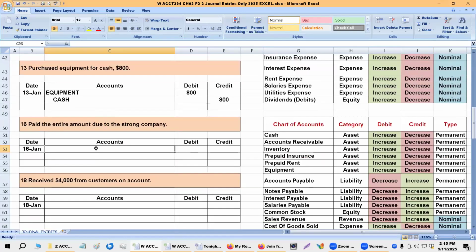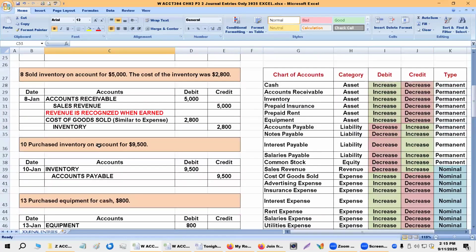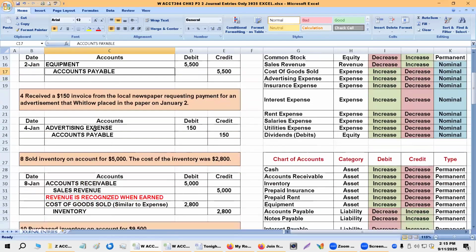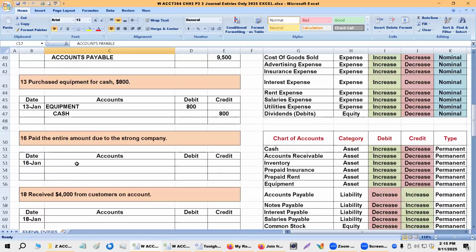Okay, paid the entire amount due to Strong Company. I imagine that's the one from the second. Yep. Okay, so we have to pay off this accounts payable for 5,500. So what's the journal entry? This one gets missed actually quite a bit.